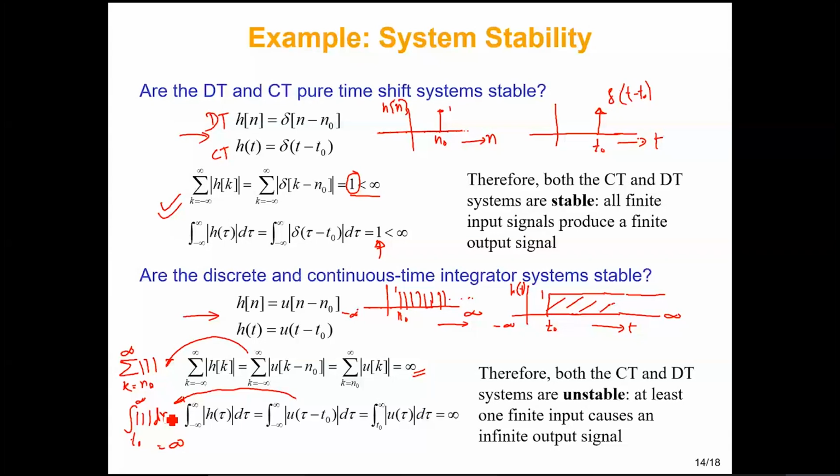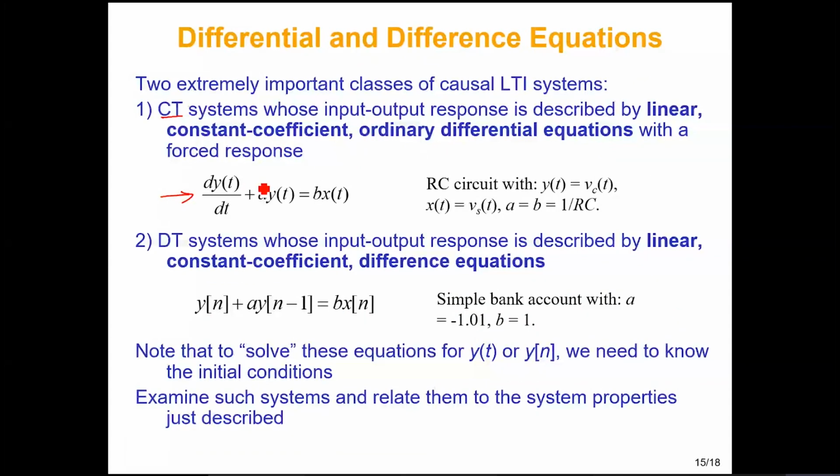So we actually, I believe, covered till this point, and now very quickly going over the differential and difference equation. We know that a differential equation describes the relationship between input and output for continuous time systems. Whenever we want to write an equation which gives us the relationship between input and output for a continuous time system, we invariably end up getting a differential equation.